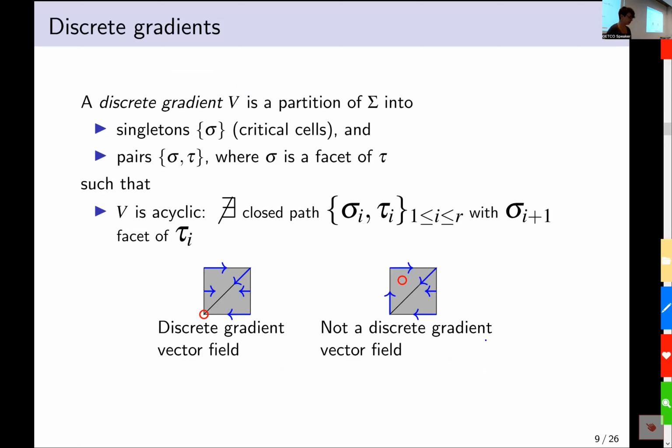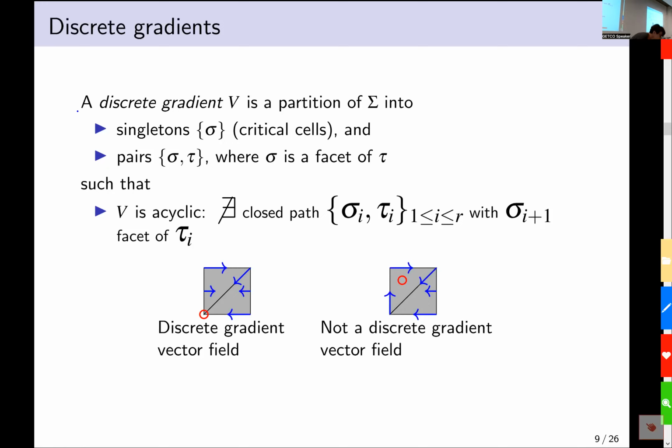There are singletons that are called the critical cells, and there are doubletons or pairs of simplices where the requirement is that the first simplex sigma is a face of codimension 1 of the second simplex tau.